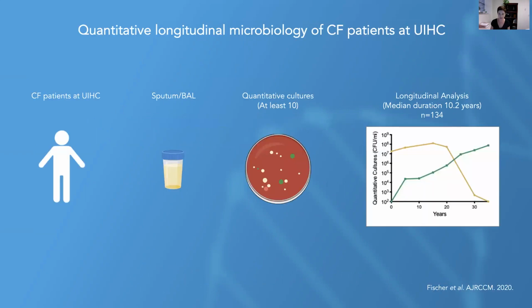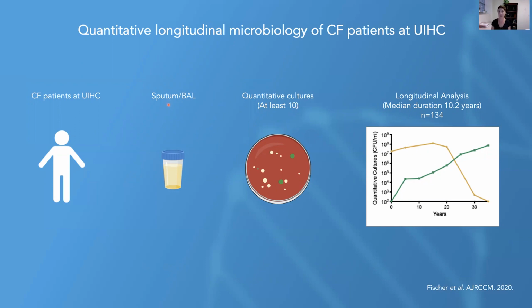And so in collaboration with Tony Fisher and his lab at the University of Iowa, we asked whether or not we could identify CF patients in our hospitals where we could actually follow them over time. And we were lucky to see that the clinical lab at the University of Iowa has been collecting these data for decades.